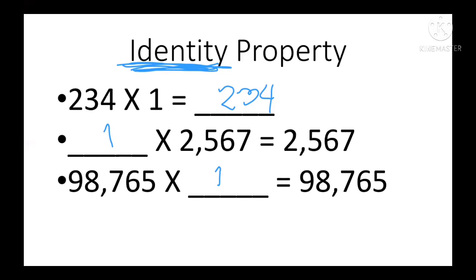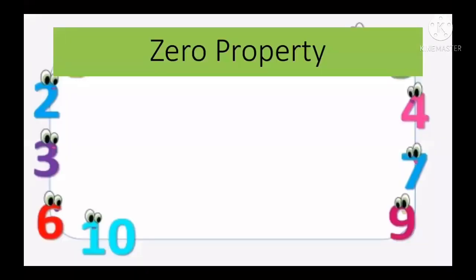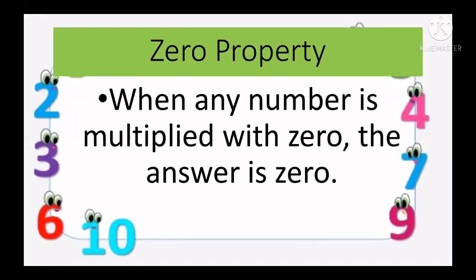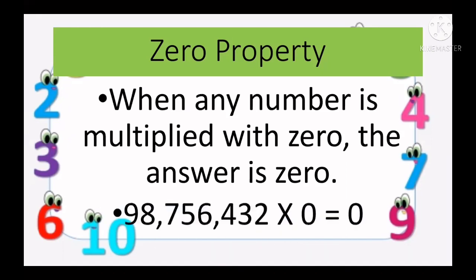Okay, good. Next one. We are about to discuss the fourth one, which is the zero property. Zero property. Okay, when any number is multiplied by 0, then the answer is 0. Any number multiplied by 0 is always 0.